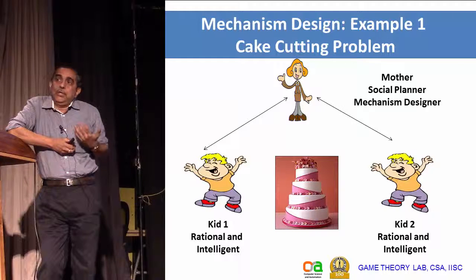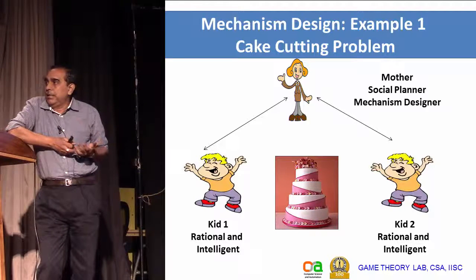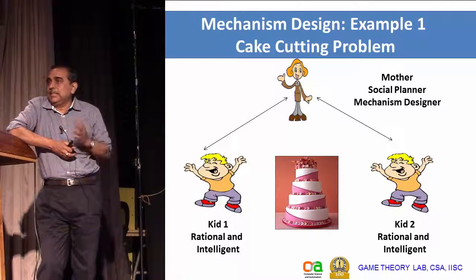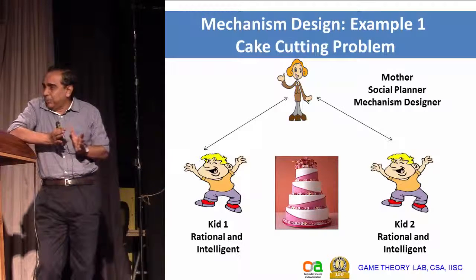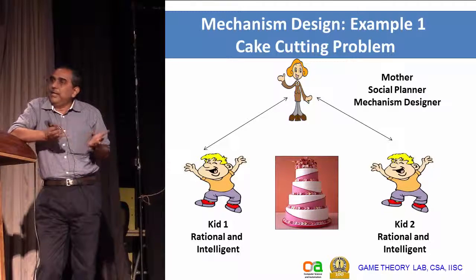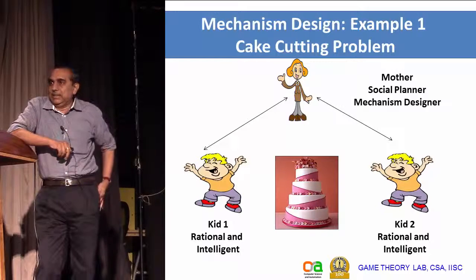Now one way in which you can design a protocol here is the mother takes the best possible knife and then slices this cake into what she thinks are two exactly equal portions, and then each of the kids will pick up one of these slices.